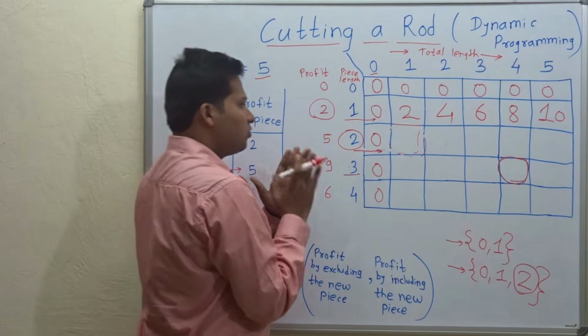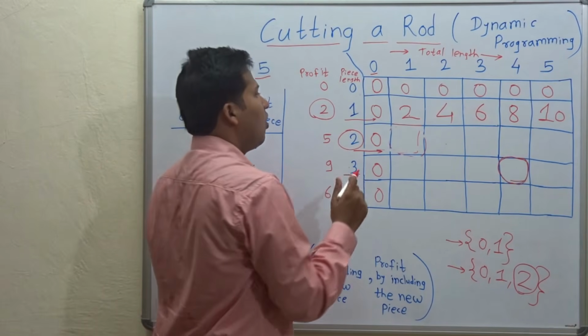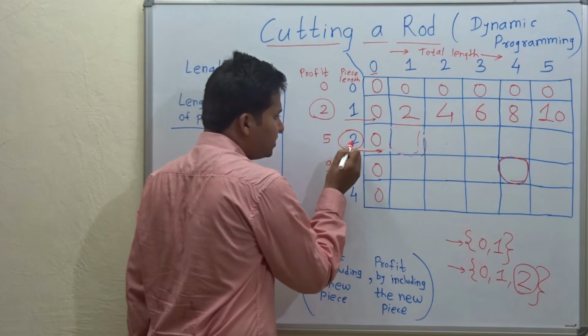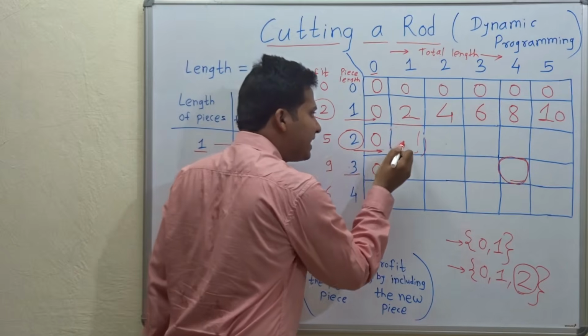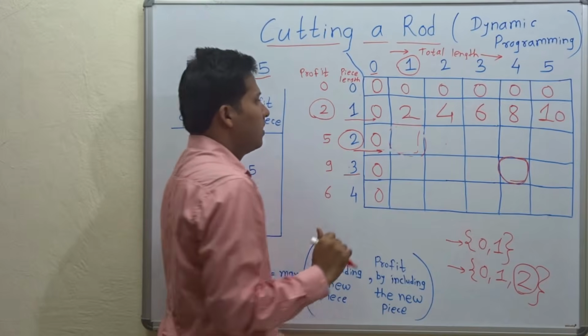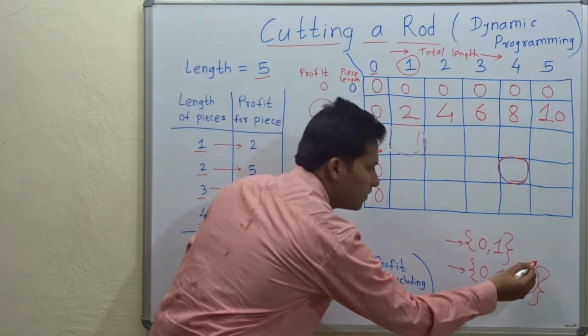Okay. Now see, this new piece is not going to affect the profit, because the length of this new allowed piece is greater than the total length here. So this is not going to affect.